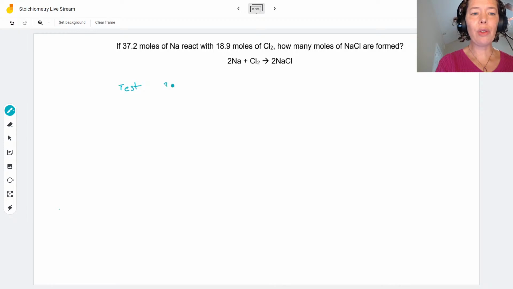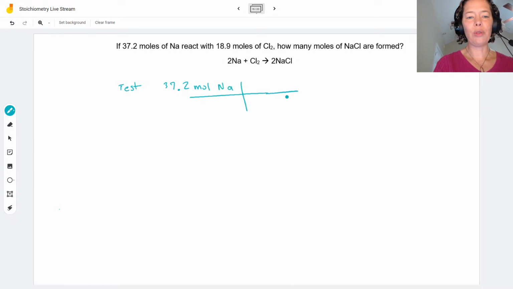Okay, so 37.2 moles of, whoops, that's sodium, not chlorine. And I am going to convert that into moles of chlorine.